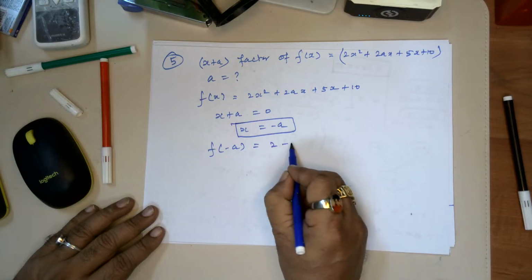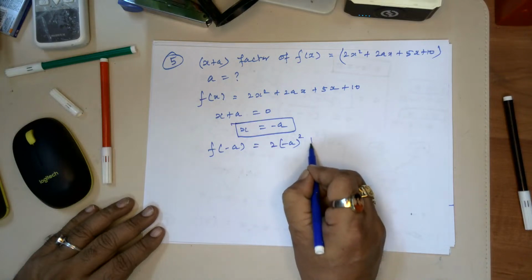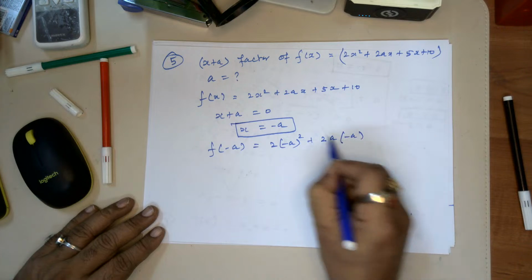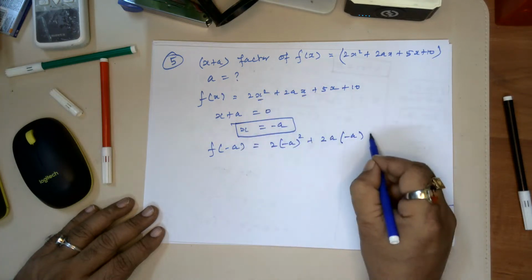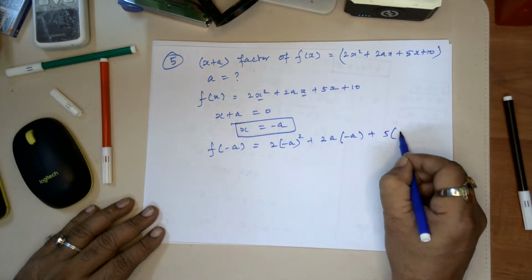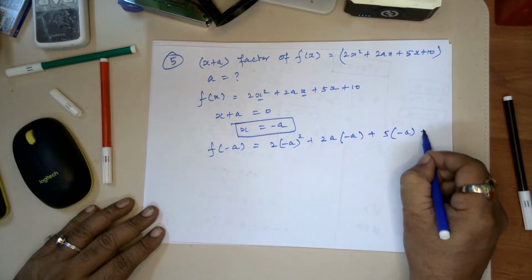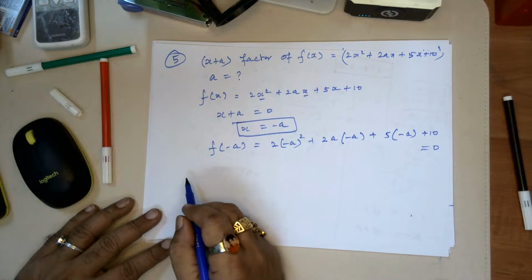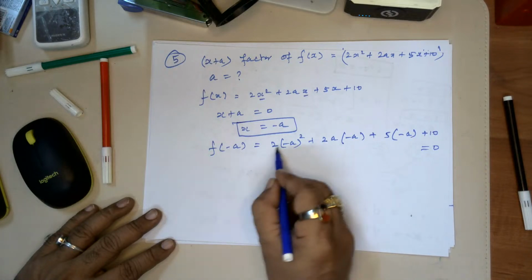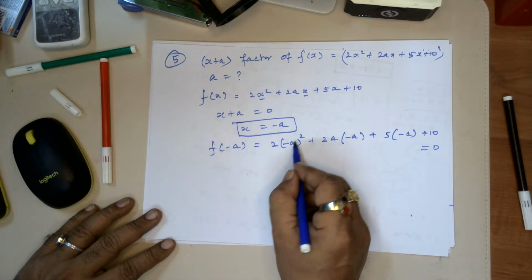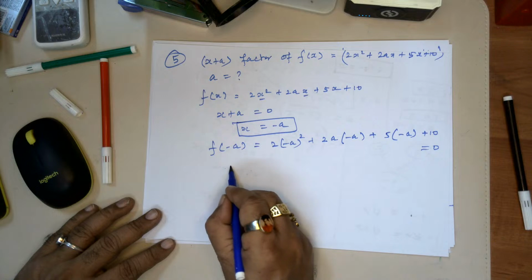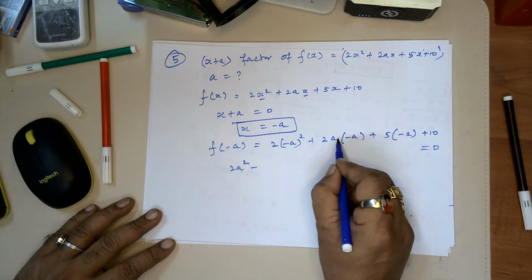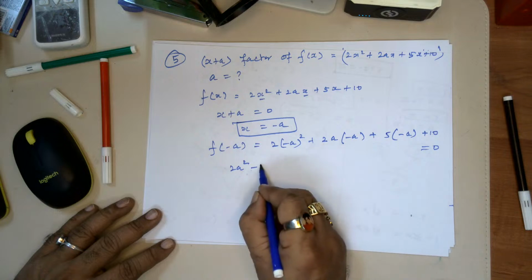Therefore, 2 into minus a the whole squared plus 2 into a into minus a in place of x, and then plus 5 into minus a plus 10. So that is equal to 0 according to factor theorem. Therefore, 2 into minus a squared means plus 2a squared.